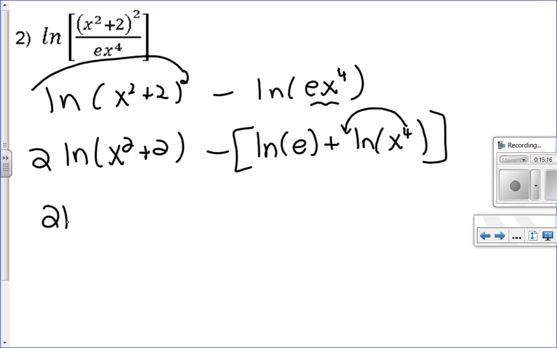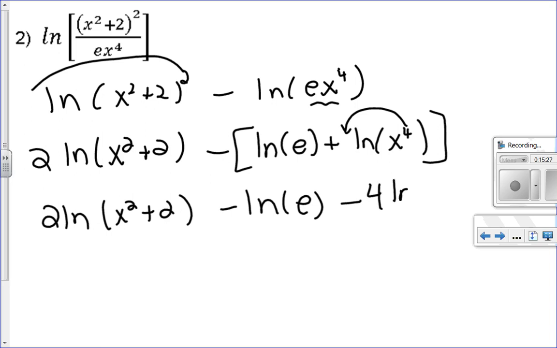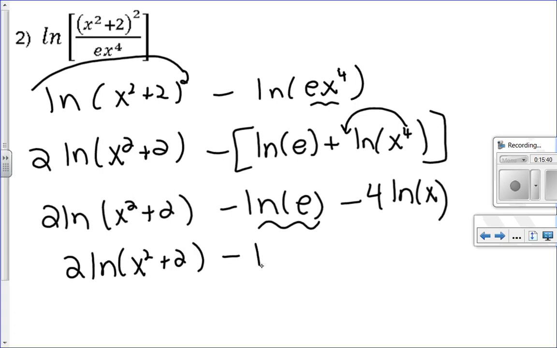So I have 2 ln of x squared plus 2 minus ln e minus, because I have to subtract both of them, 4 ln x. And then just one little thing here, natural log of e is just 1. So I'll write this as 2 ln of x squared plus 2 minus 1 minus 4 ln x. And that would be fully expanded.